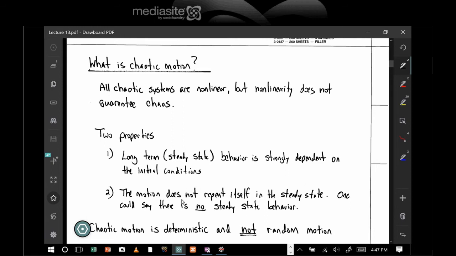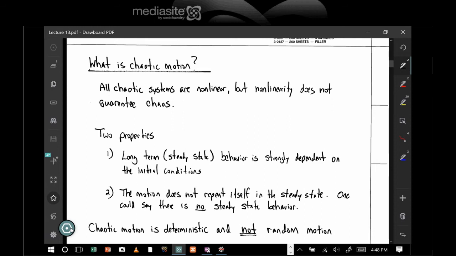Now there is one confusion. People think that, since there is no rhyme or reason to that motion, chaotic motion is random motion. That's wrong. Chaotic motion is deterministic. What does that mean? Well, if I have one system and I give that system the same initial conditions, it will exhibit the same chaotic motion.